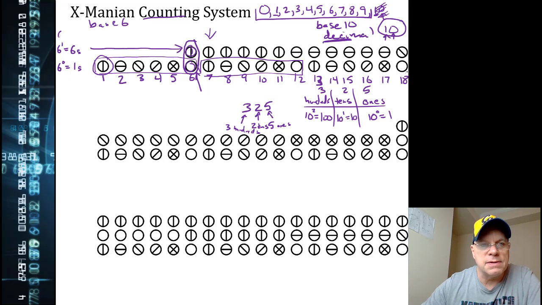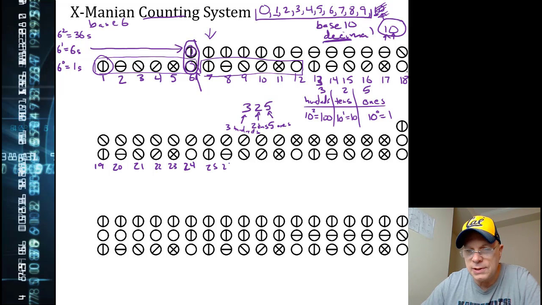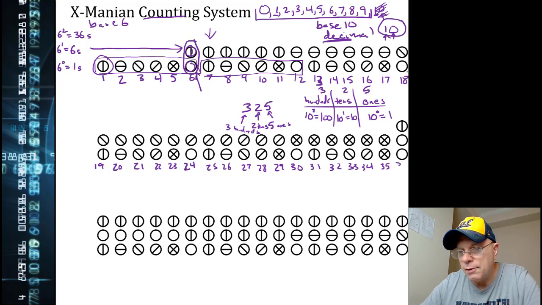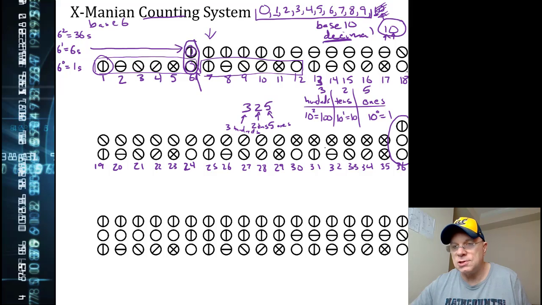The row above that would be 6 to the second power, or the 36's place. In fact, if we go a little farther, 19, 20, 21, 22, 23, 24, 25, 26, 27, 28, 29, 30, 31, 32, 33, 34, 35, and look, 36. The first 3-digit number in the Xmanian system is 36 because it's 1 36 and 0 6's and 0 1's.